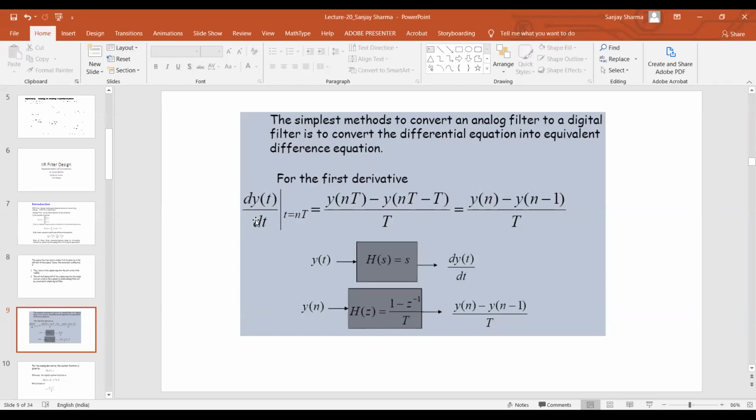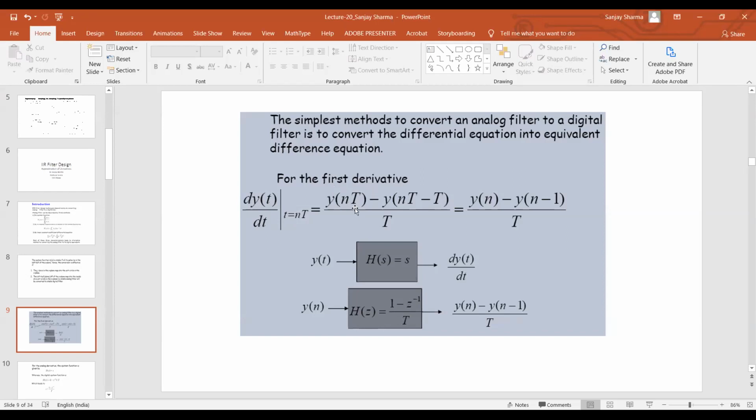So let us consider a first derivative dy by dt. This small t is in the analog domain. If we have to go to the digital domain, we basically replace this small t with n capital T. That is what sampling is. So for dy by dt, we replace t with nT.